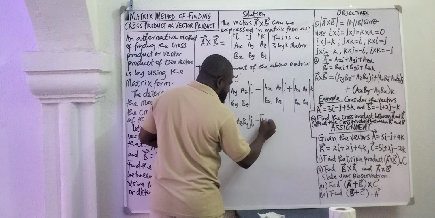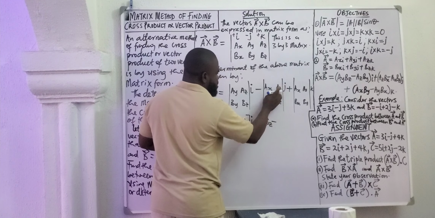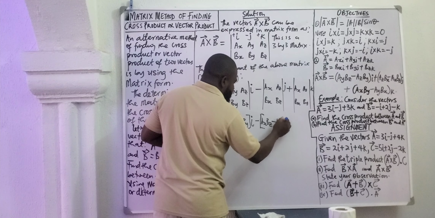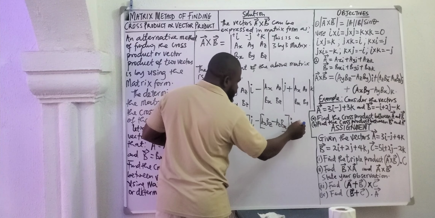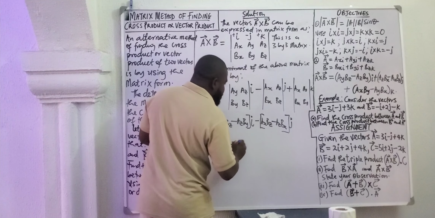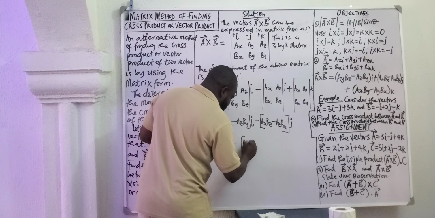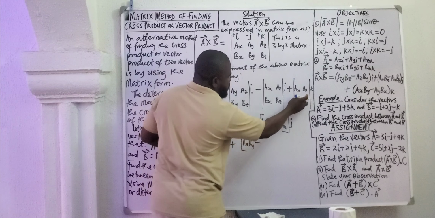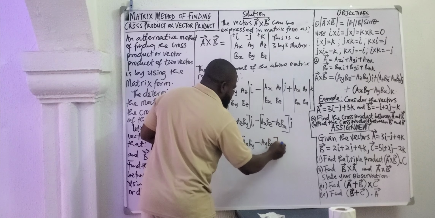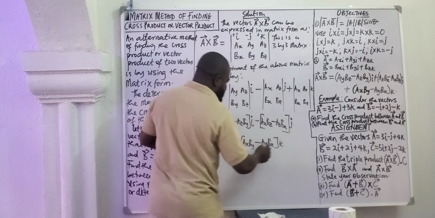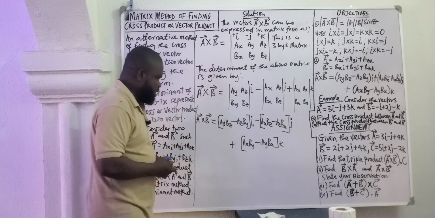So I have AX BZ minus AZ BX, AZ BX to multiply J. Then plus, I have AX times BY, AX BY minus AY times BX, AY BX multiplied by what? The unit vector K.